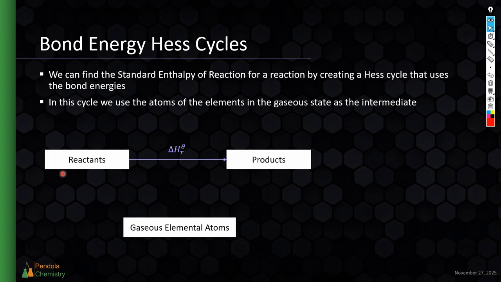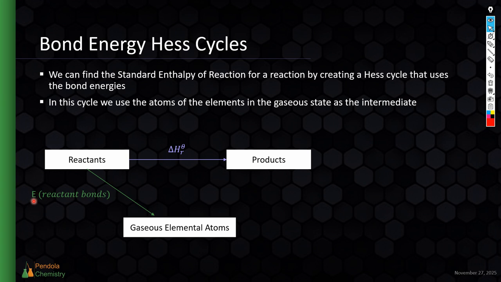Whenever we have something like the reactants, whether it's CH4, CO2, any compound, we can break down that compound, or those compounds if it's multiple, into gaseous elemental atoms by using the bond energies for the reactant bonds.